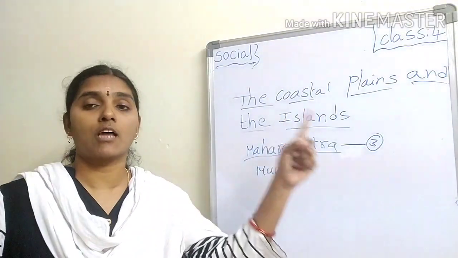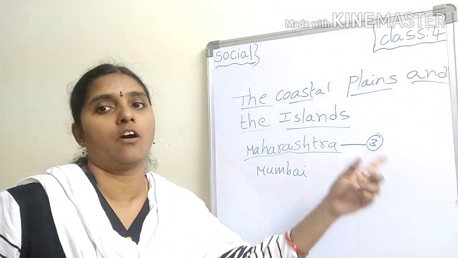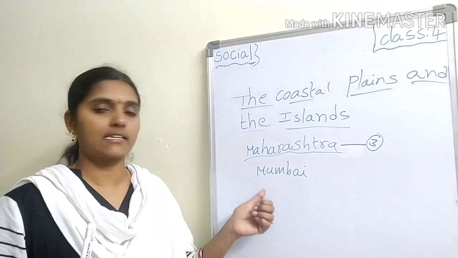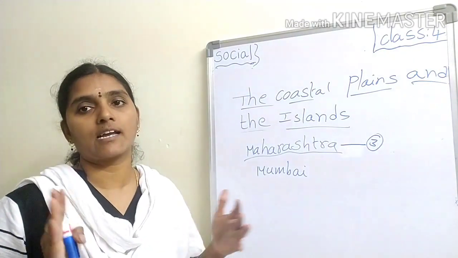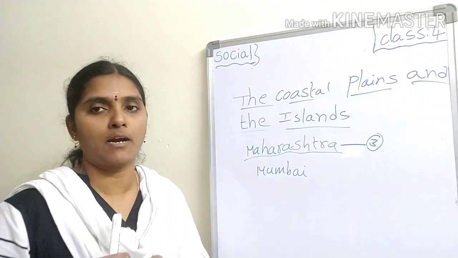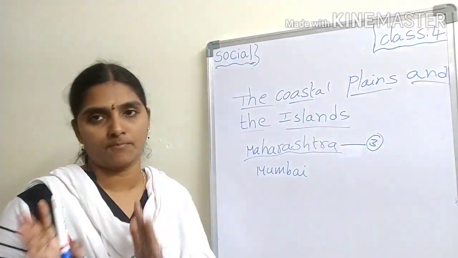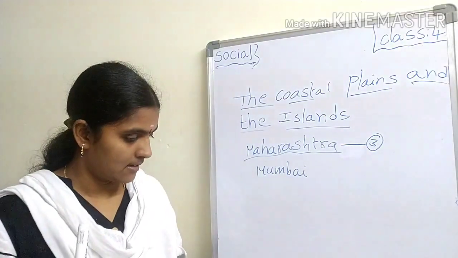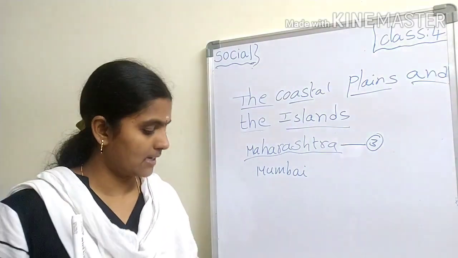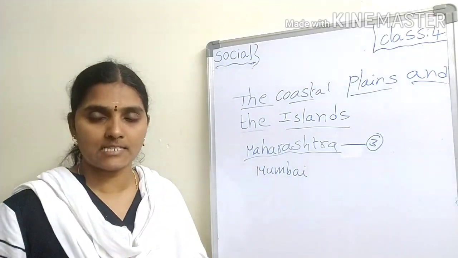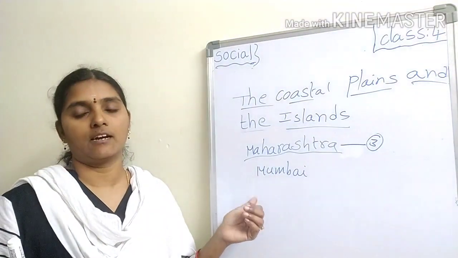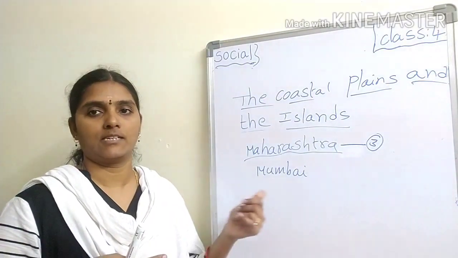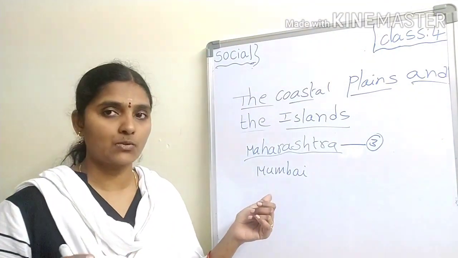Maharashtra is the third largest state of the country. Mumbai is the capital of Maharashtra. Understood? Mumbai is the largest seaport of India. Understood?